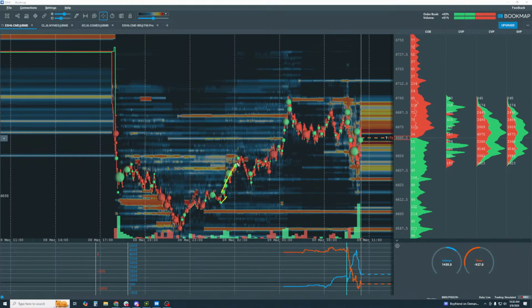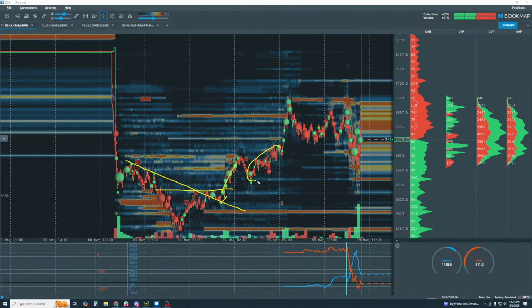After this move here, now we know we can look for that kind of break of the neckline or the trend line or whatever. It's down here, and we're looking for a potential continuation, and that does unfold here.